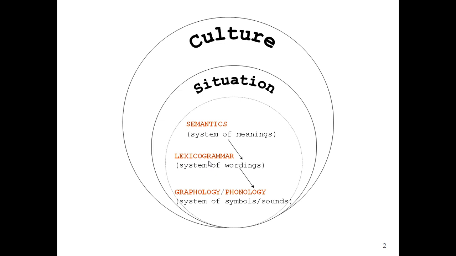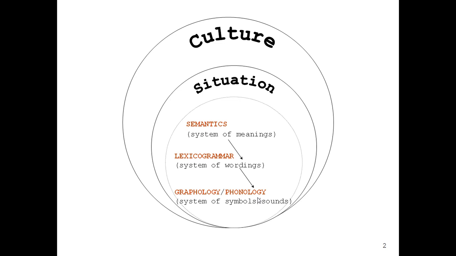And that's what I'll be doing throughout this course, of course. Then you see above the lexicogrammar, we have the semantics, because lexicogrammar is the means, the tool through which we can express semantics. What about the lowest stratum? The lowest stratum is graphology and phonology.